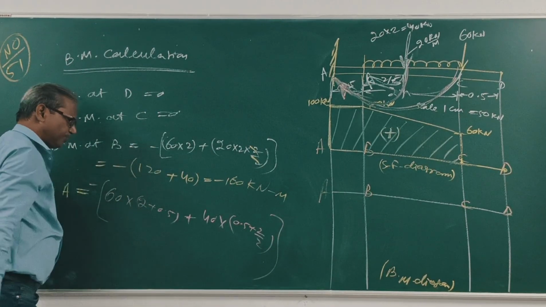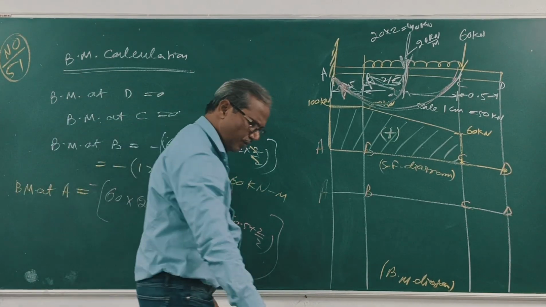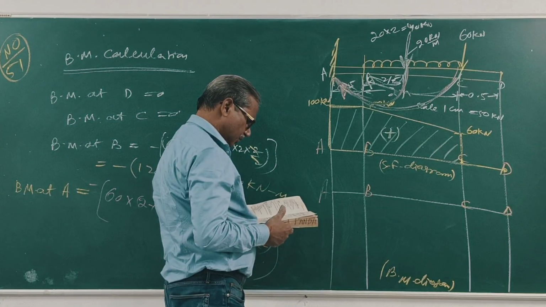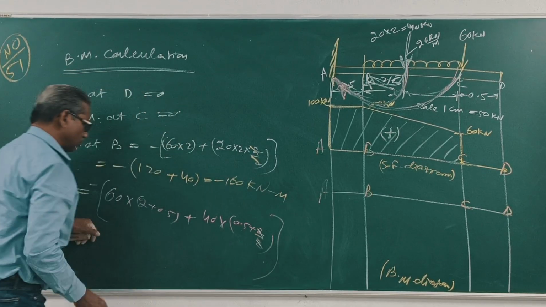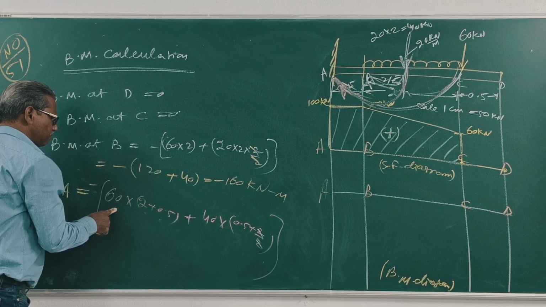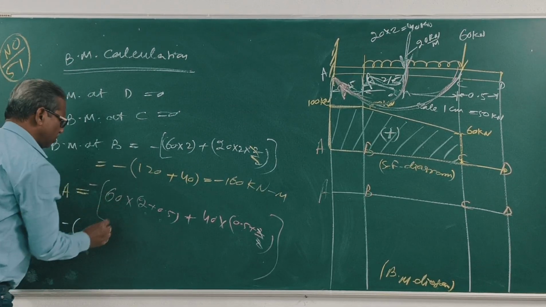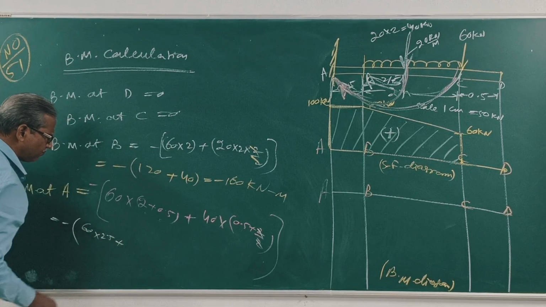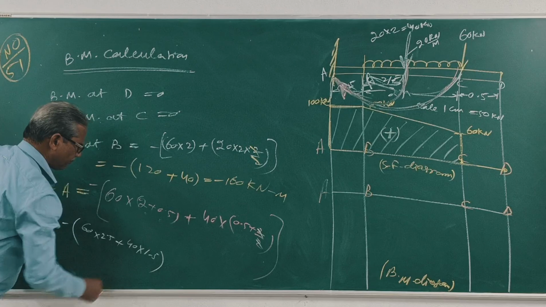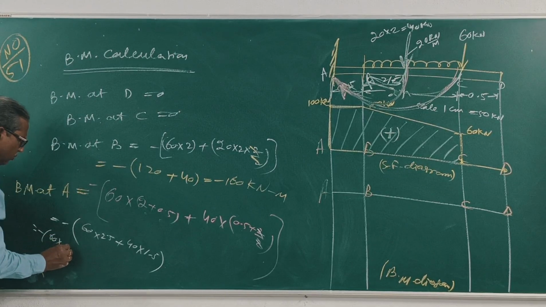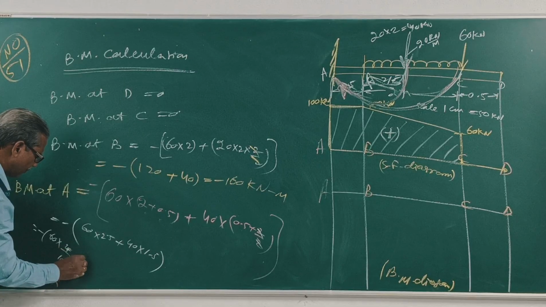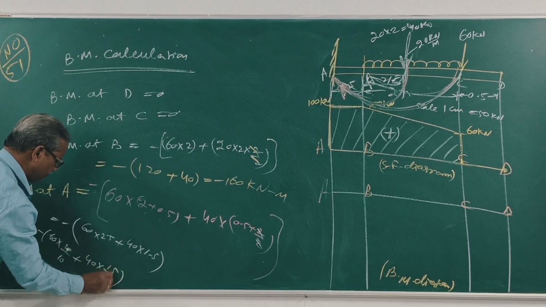Both are negative. Clear? So this is minus 210. 2.5 into 60 is 150, minus 60 into 2.5 plus 40 into 1.5: minus 150 plus 40 into 15 by 10, 60.